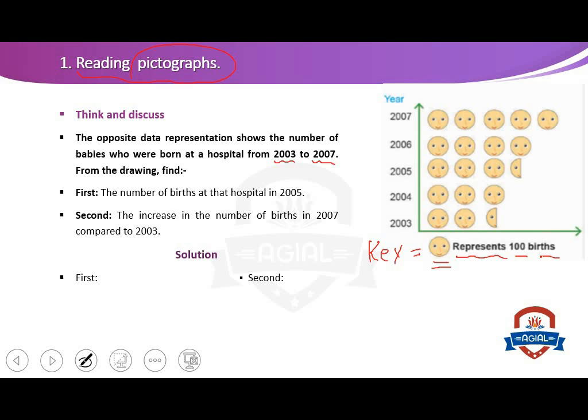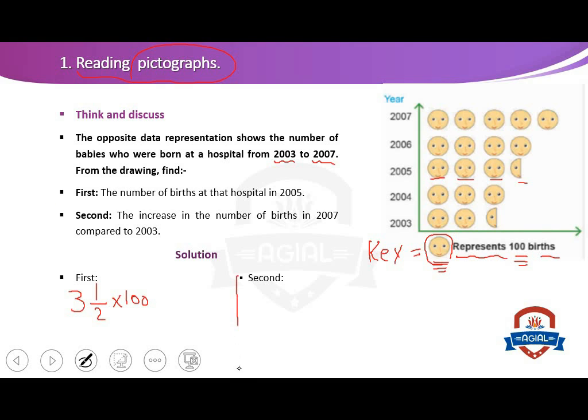The number of births at that hospital in 2005. We need to find the number of births at that hospital in 2005. So each face represents 100 births. So we have 1, 2, 3 and a half. So we have to say 3 and a half times 100.